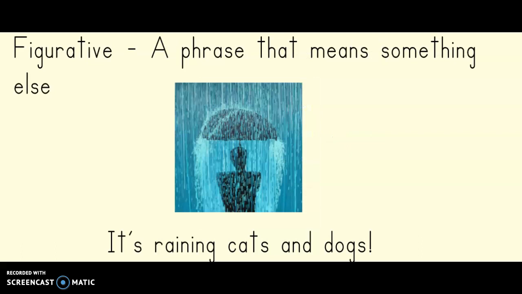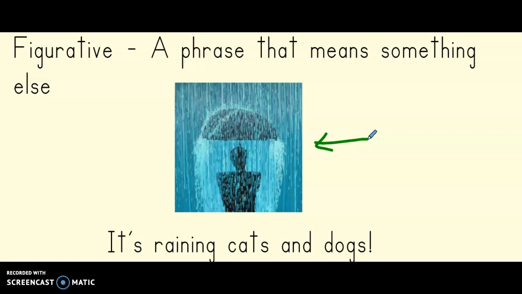We use that phrase in a figurative way. When we say it's raining cats and dogs outside, what we mean is it's raining really, really hard outside. It's a phrase that means something different than the actual words that we're using. Now, you might say, why would we say it's raining cats and dogs?